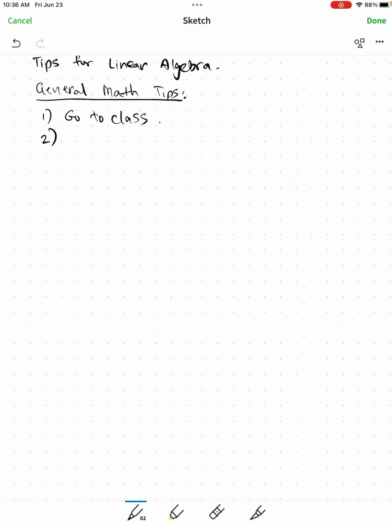But what do you do when you get stuck or want some help? Well, it's a good idea to go to office hours, right? So go to office hours, and if there's a TA in this class, see a TA, or take advantage of any math help centers.